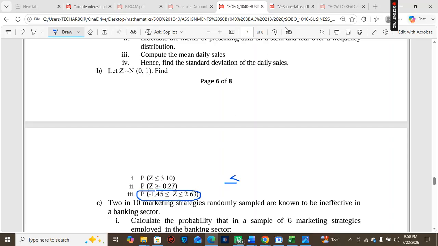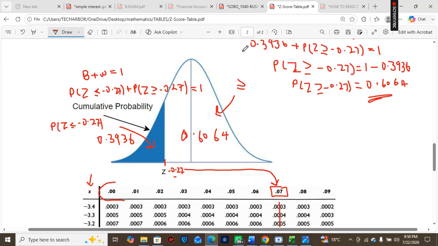We come to our z-scores table. Let me erase this here. So we start with the smaller one.